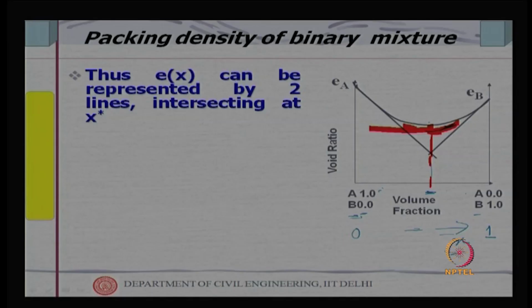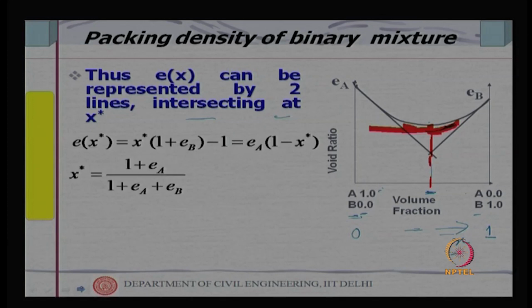Thus, E can be represented by two lines intersecting at x star. We have just shown x star, the intersection point, and you can calculate this x star algebraically. From this side, it is given as x star (1 + E_b - 1) and that must equal E_a (1 - x star), because x is the same for both. From this you can get an expression for x star.